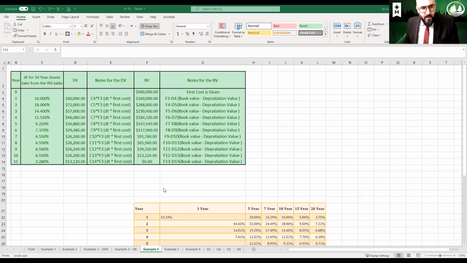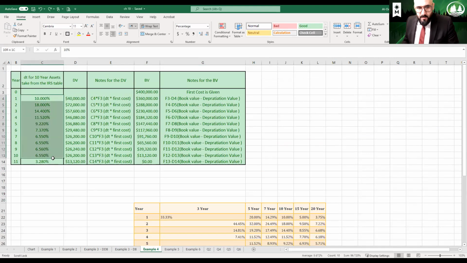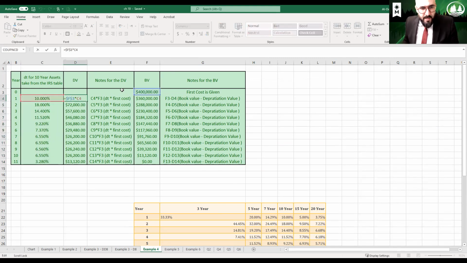All right, example 4, we started with $400,000. It is already given to us that this asset will last for 10 years. So we go to the IRS table of rates, select the 10-year asset, and copy these depreciation rates of 10%, 18%, 14%, 11%, etc. You bring them to Excel, and then you start calculating the depreciation value by multiplying the first cost times that rate.